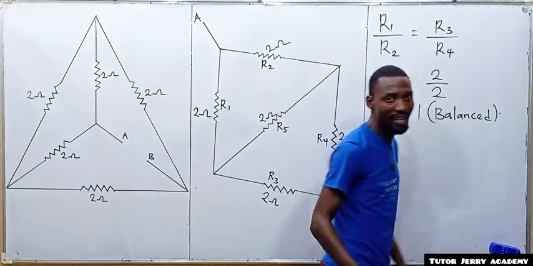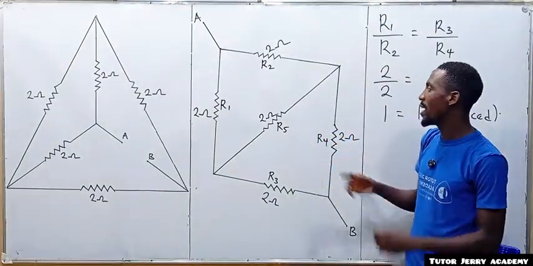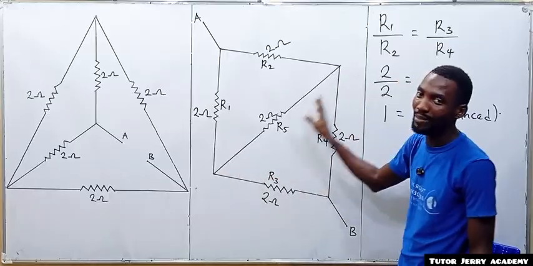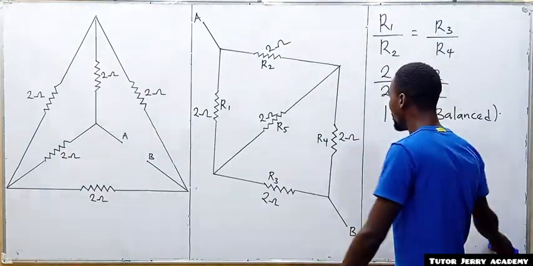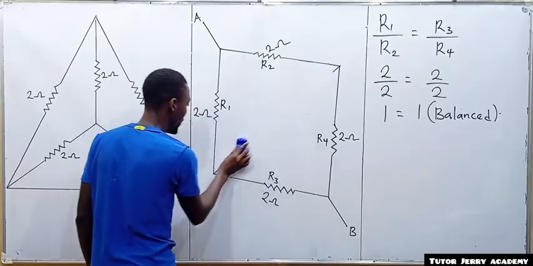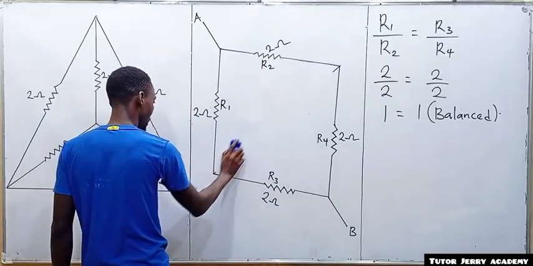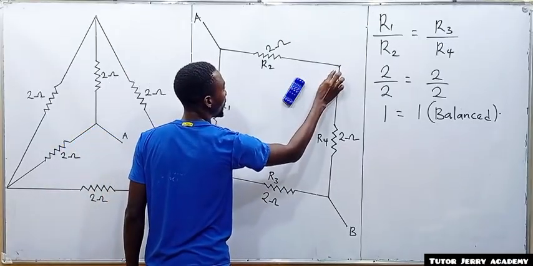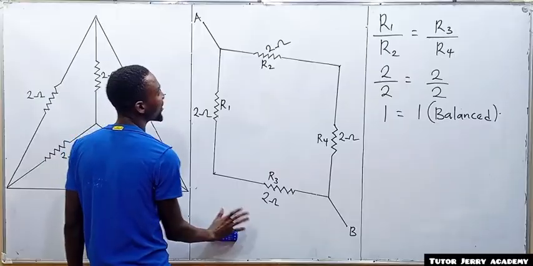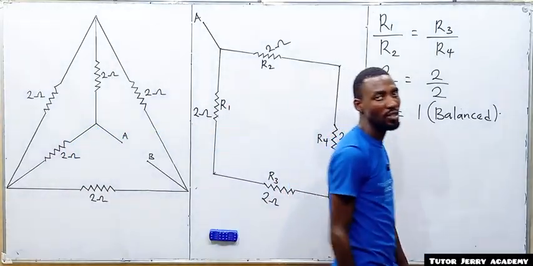So since it is balanced, it means that we are going to remove this resistor in the middle. Alright, so we are going to remove this one, since it is balanced. So that's it. Now you can see clearly that we can solve this directly.